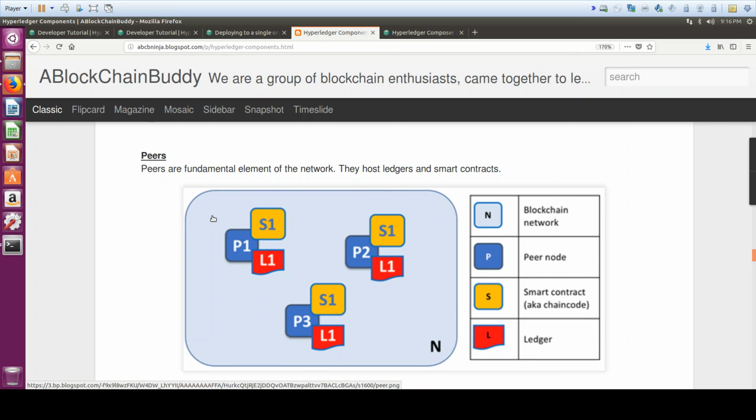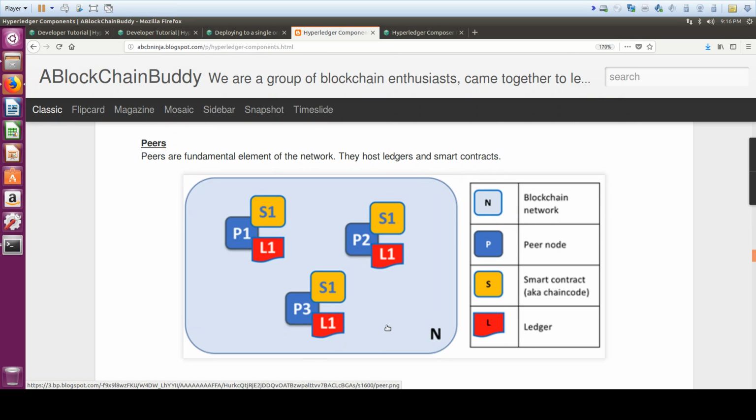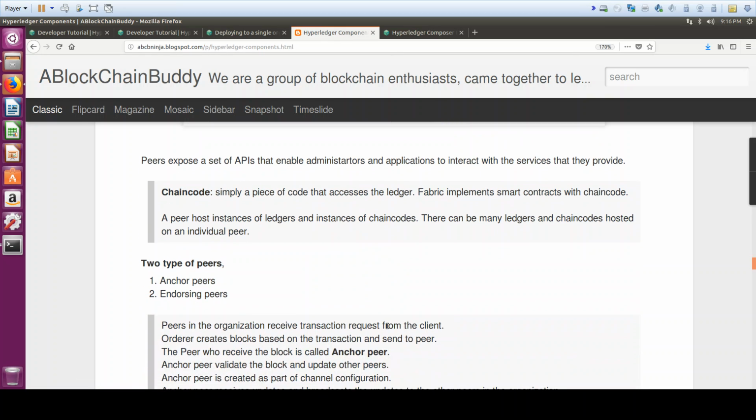So, in a blockchain network, peers represent peer nodes. In every network there will be peers and there will be smart contracts, chain code. Each peer will have a chain code, each peer will have a ledger.